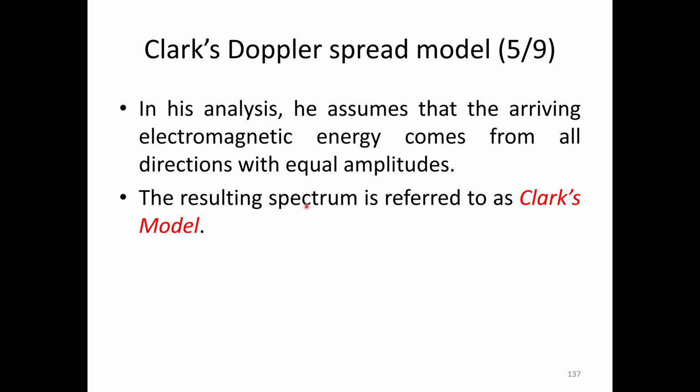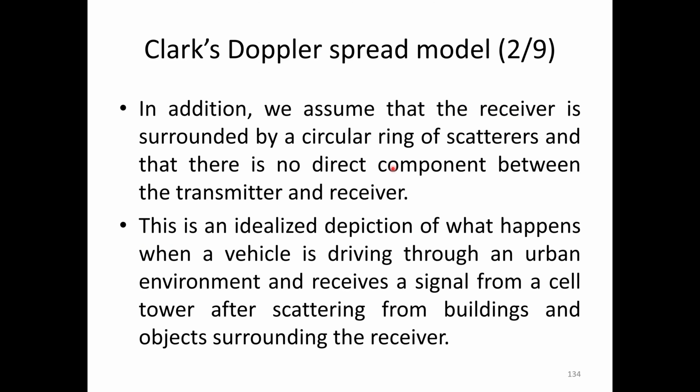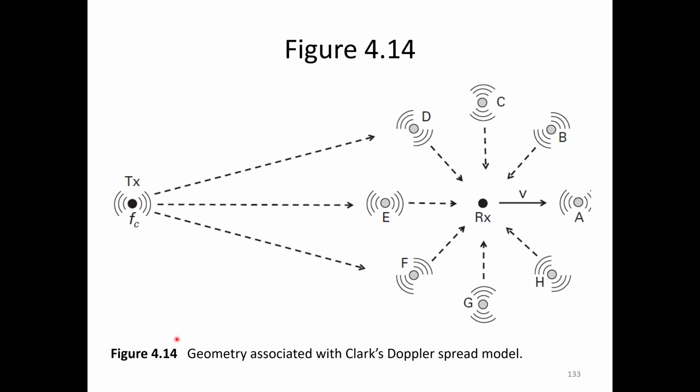The resulting spectrum is referred to as Clarke's model. Okay, so we can go to figure 4.14 again. So the energy from A, B, C, D, E, F, G, and H all have the same amplitude. Okay, so this is the Clarke's Doppler spread model.